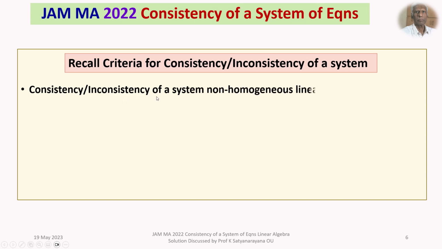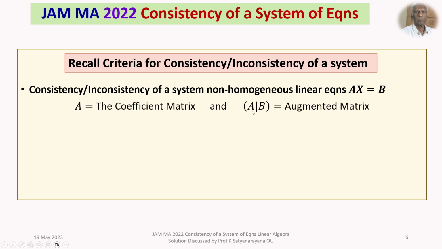Consider a system of non-homogeneous linear equations whose matrix equation is Ax is equal to B. Here A is called the coefficient matrix, and the matrix A along with the column vector B is called the augmented matrix of the given system.